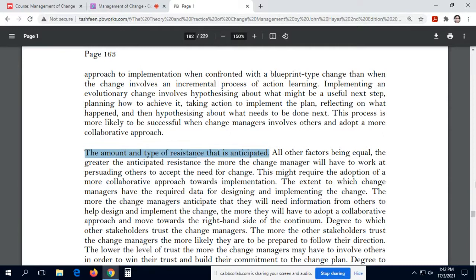So if the person is trustworthy, your follower, and they are well respected in that cohort, and then they resist, now of course it is going to be heavy on you, because people trust them, people look up to them, they are going to support that person who is going to resist.